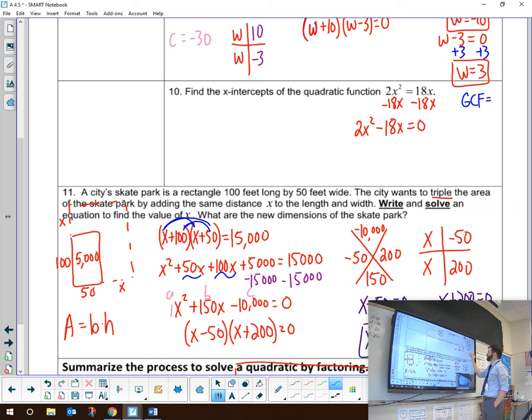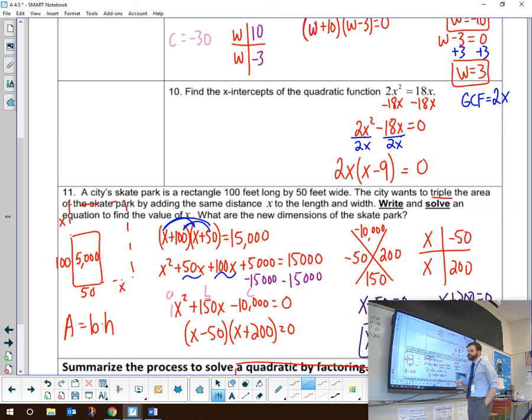And these two have a lot in common. First off, they have a 2, but they also both have an x. So we're going to pull out an x with each one of these. So we're going to divide this by a 2x. We're going to divide this by a 2x. And I'm going to get 2x on the outside times x minus 9.